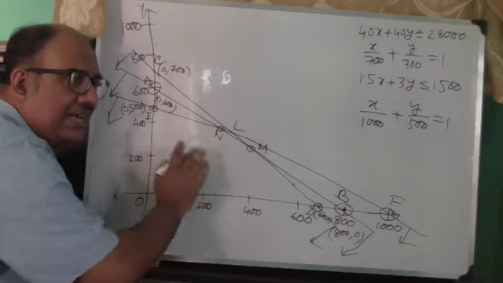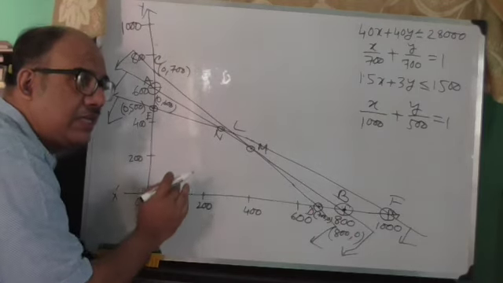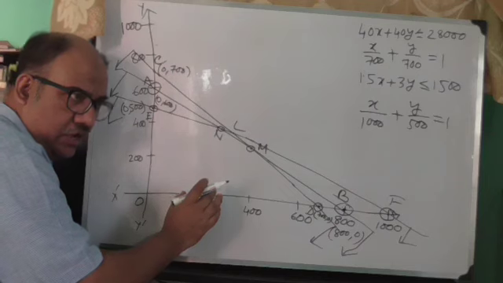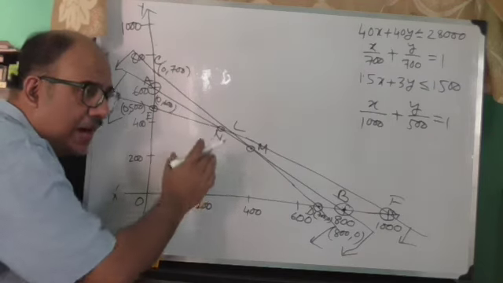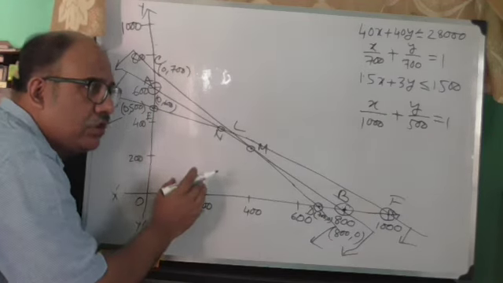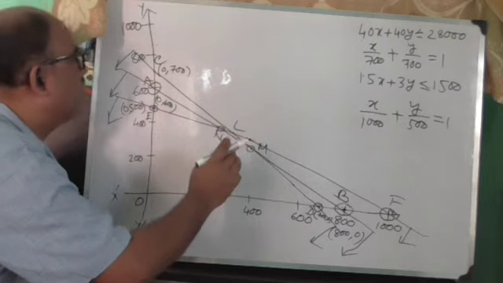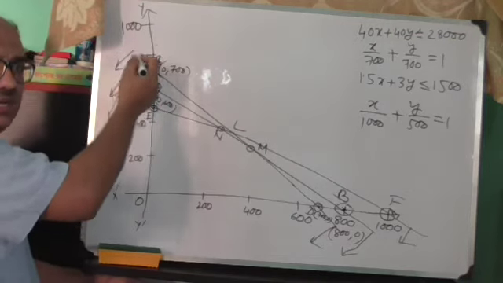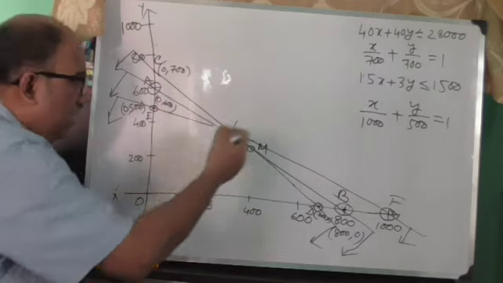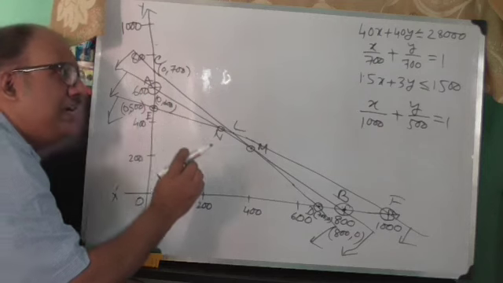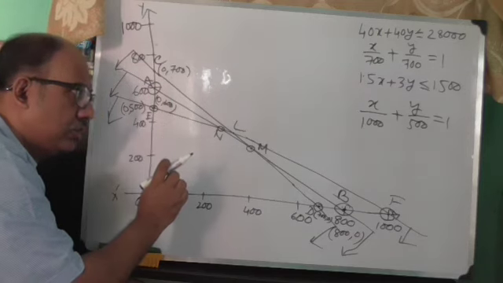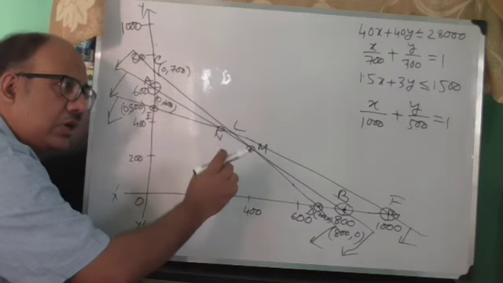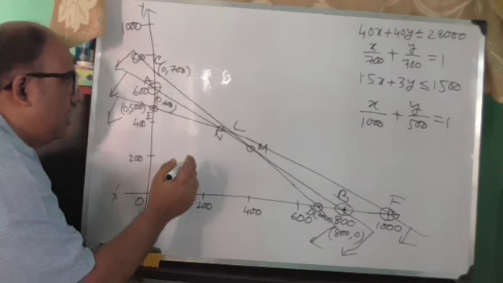So everything in the first quadrant, as well as the part of the graph which satisfies all the three constraints. That is why I put these arrows downwards, because we will find that region which satisfies all the three constraints.